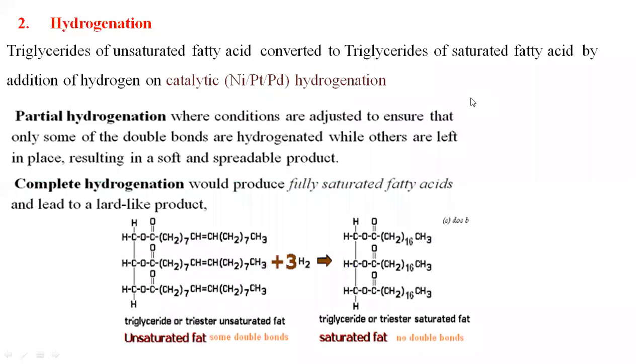Next is hydrogenation. The triglycerides contain fatty acids which are unsaturated. Hydrogenation is the addition of hydrogen to the fatty acid. Triglycerides of unsaturated fatty acids are converted to triglycerides of saturated fatty acids by addition of hydrogen in a catalytic reaction.